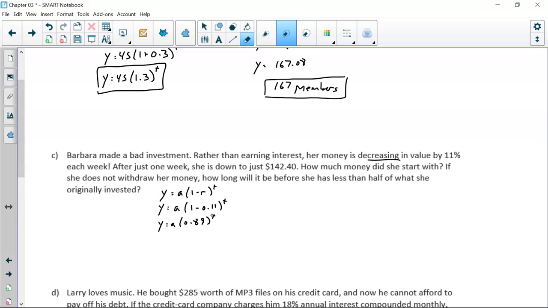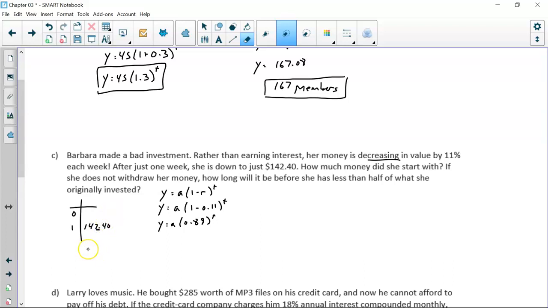Now, if in 1 week she's down to $142.40, what we can do is we can go backwards.